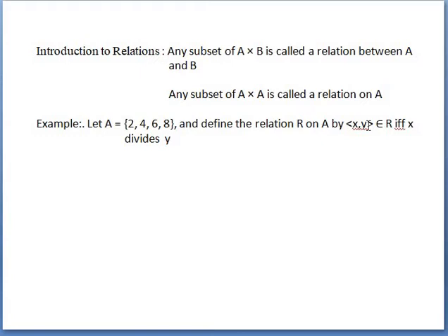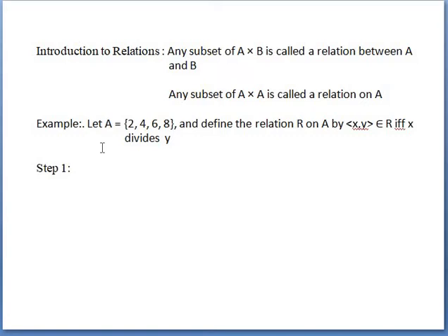So let's see. In the first step, I have to write the ordered pairs of A cross A. Now, this step we have already discussed in our first class, that is how to represent the Cartesian product of any two sets.